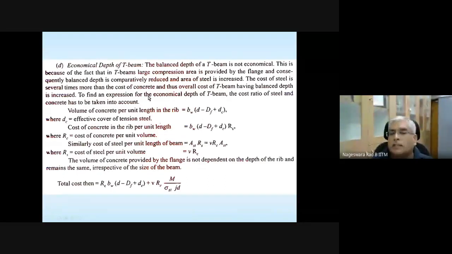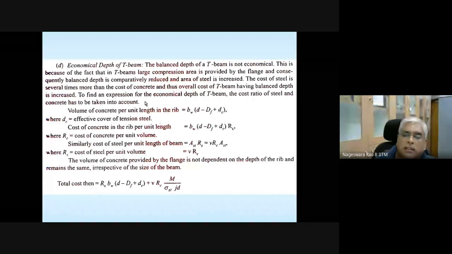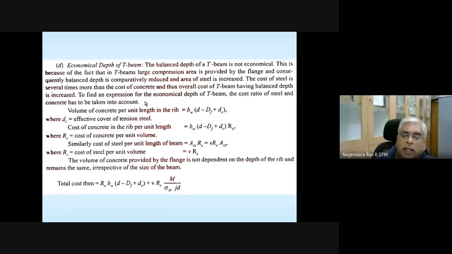To find an expression for the economical depth of a T-beam, the cost ratio of steel and concrete has to be taken into account. Please note that the idea of going through all this is to add one more dimension to your understanding. If you really want to extend whatever you learned and try to find an economical section, you can proceed in this manner.